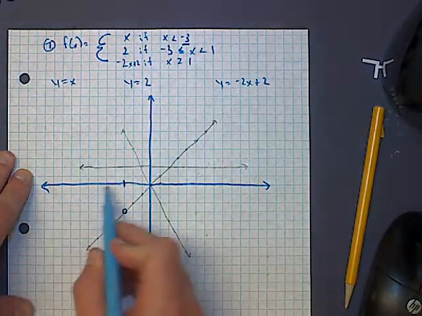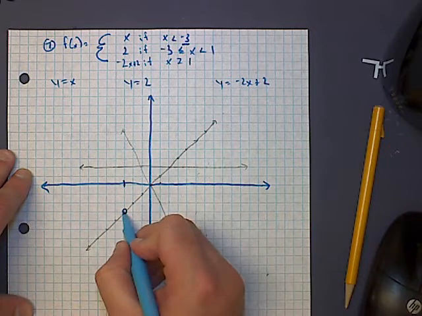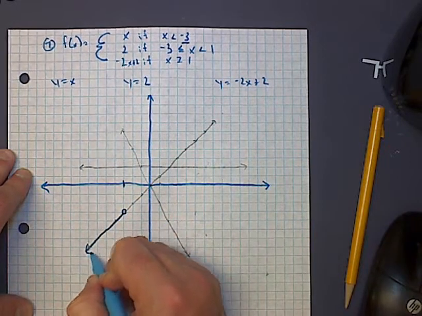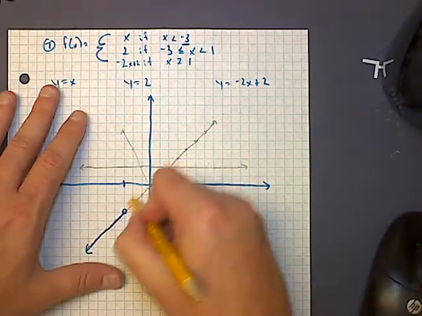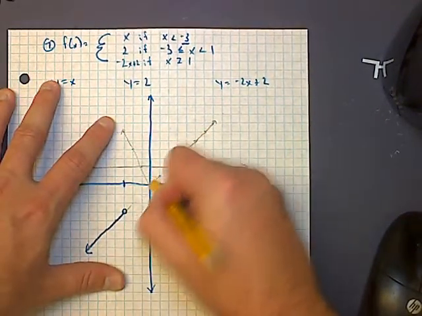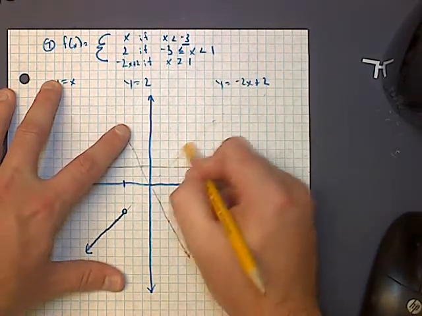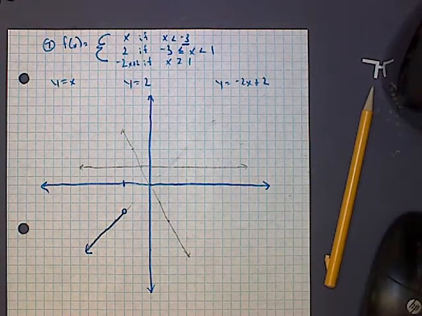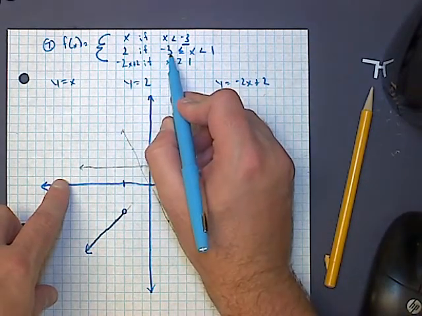Well, that would be this way. Well, this is the part of the graph that spans that area. So, I would erase that part.